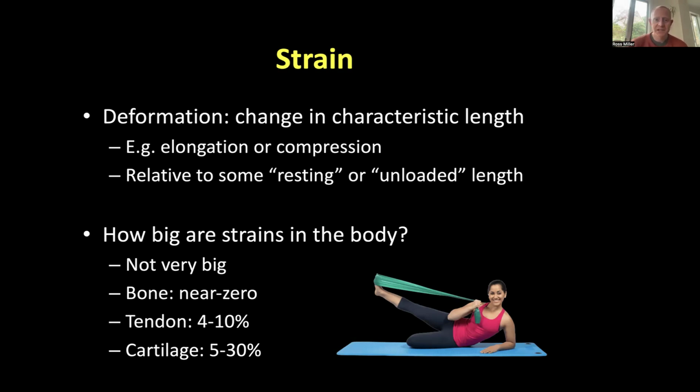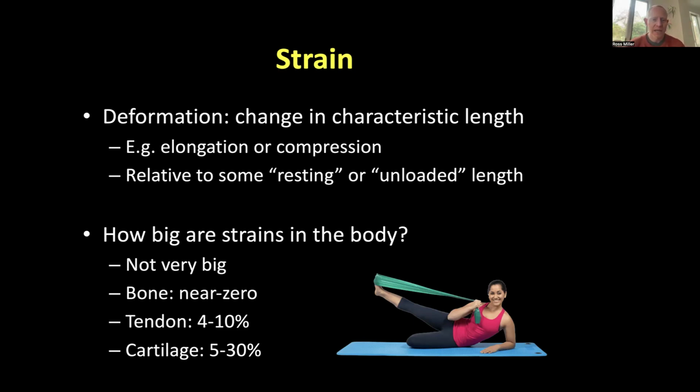Strain mechanically is defined as deformation. And what do I mean by deformation? It's a change in the characteristic length, or more broadly, a change in shape of the material that's being loaded and stressed. This could be a change in shape in terms of elongation, like if I take a tissue, grab it, pull it and stretch it.